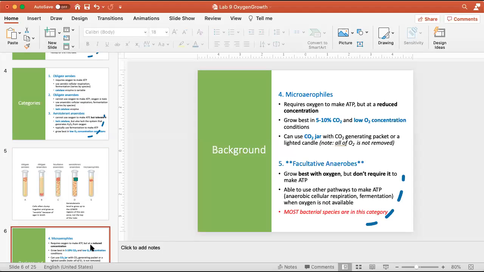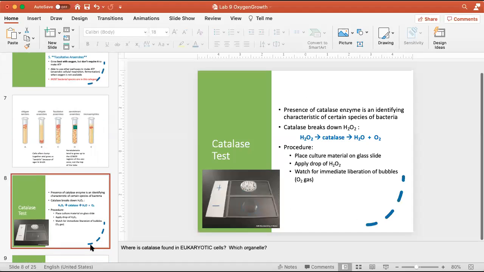All right, I'm going to jump back in. We said at the beginning of the lab today that we were going to take a look at this catalase test, and I told you it's very easy. This is the easiest test you'll ever do in the lab.